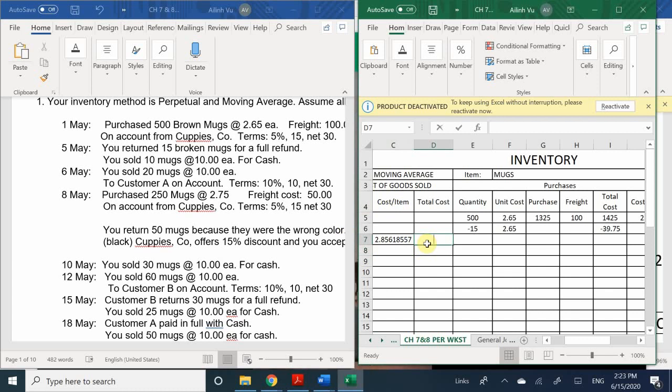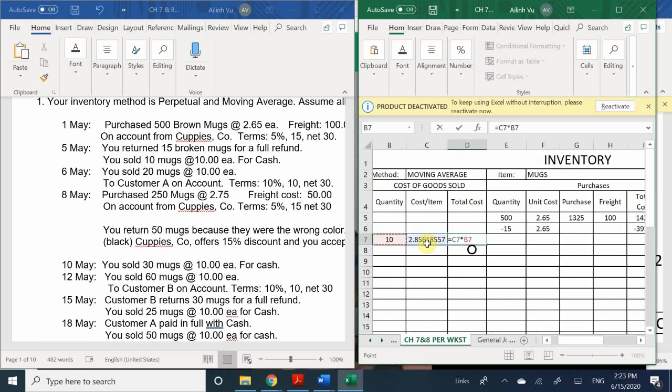Okay. 56? Yes. And then we're going to multiply these two numbers together and we should get this number, but I'm going to round it to 2 decimal places, so $28.56 is going to be my number.